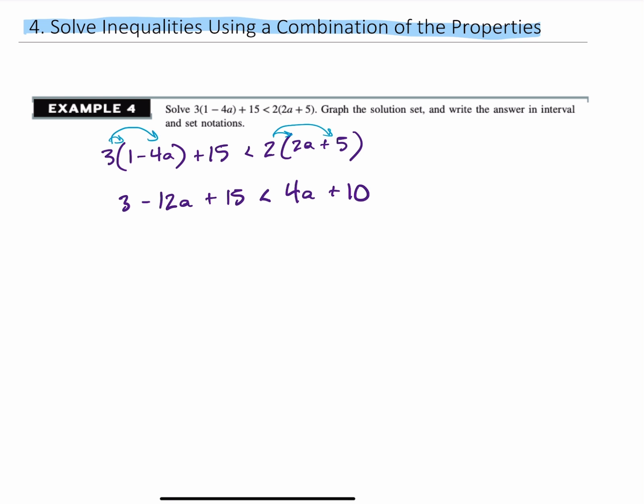And then I see there is some like terms, 3 and 15. So that will become 18. So I could say we have 18 minus 12a is less than 4a plus 10.